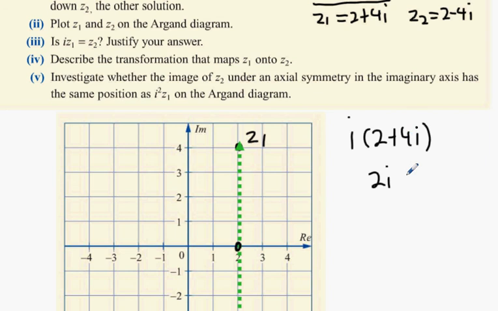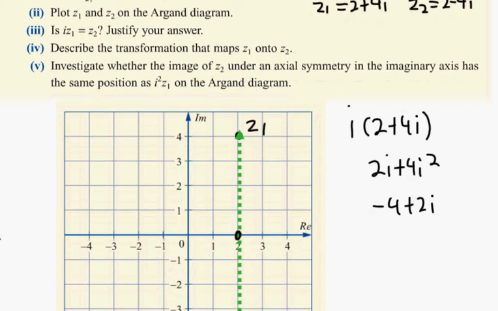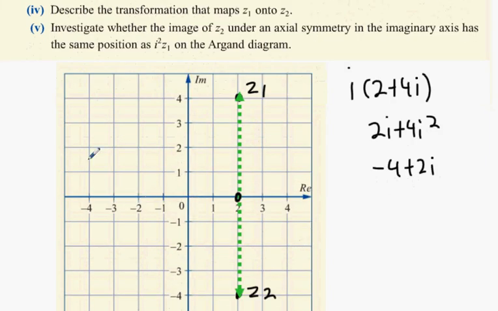I'll get 2i plus 4i squared, which is minus 4 plus 2i. What I also did there was rotate Z1 by 90 degrees. It's nowhere near Z2.